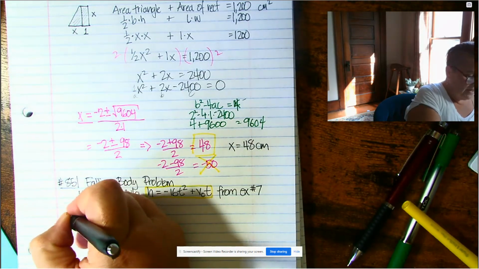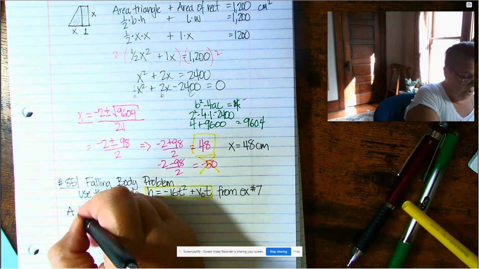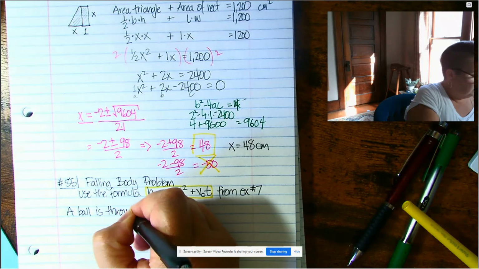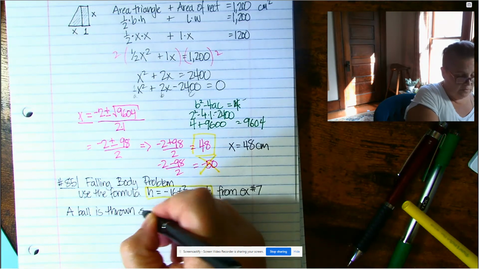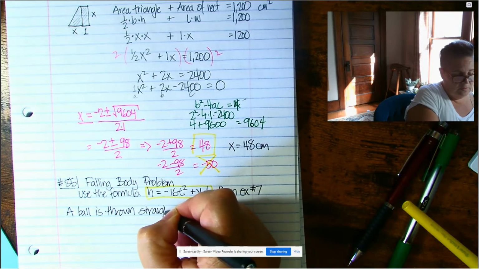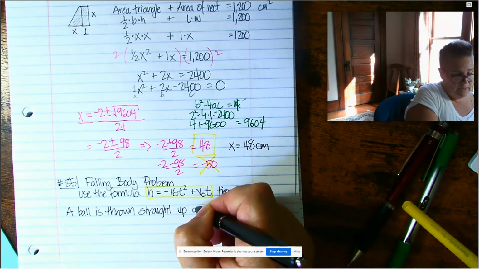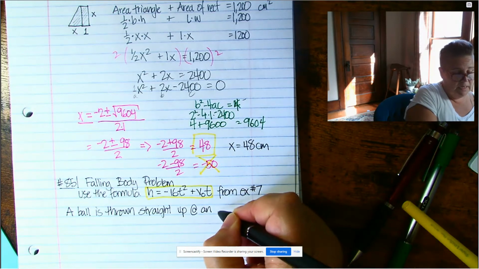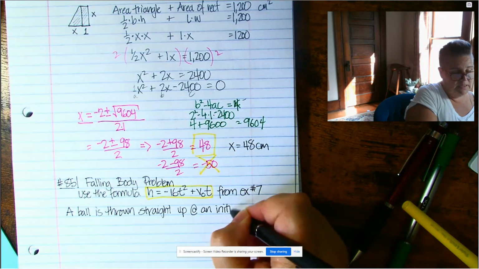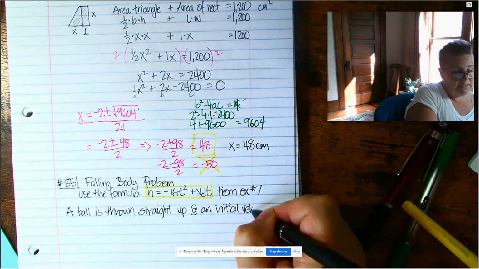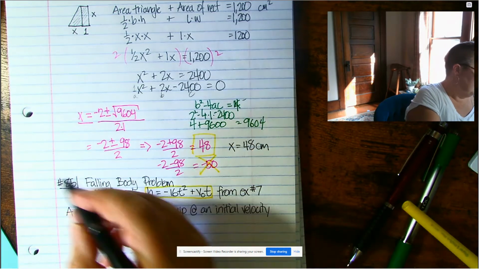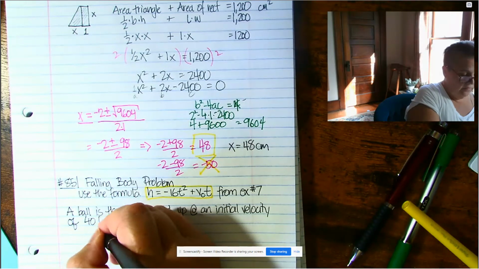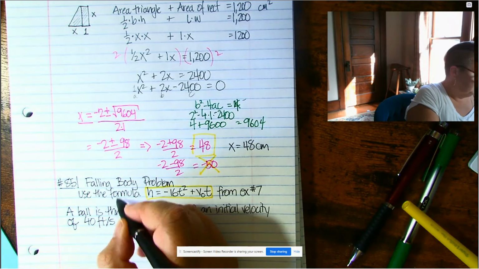So what does 85 say? It says a ball is thrown straight up at an initial velocity of 40 feet per second.